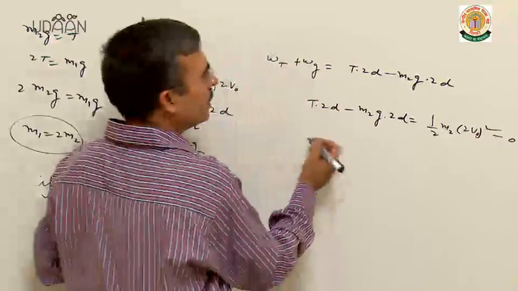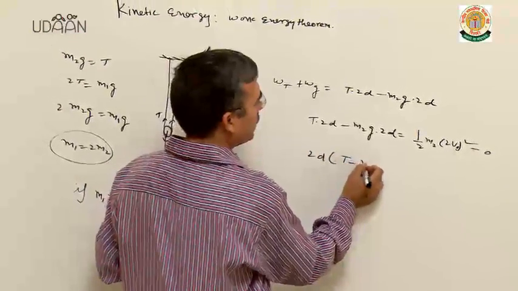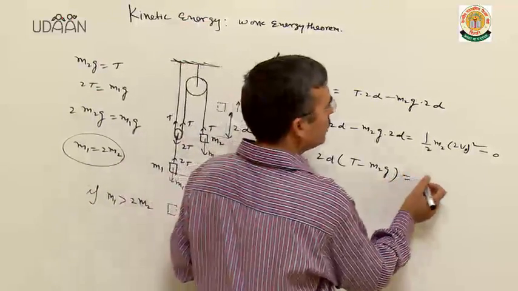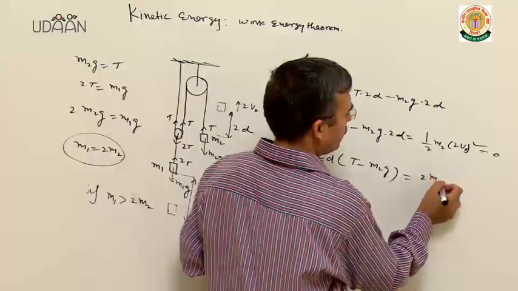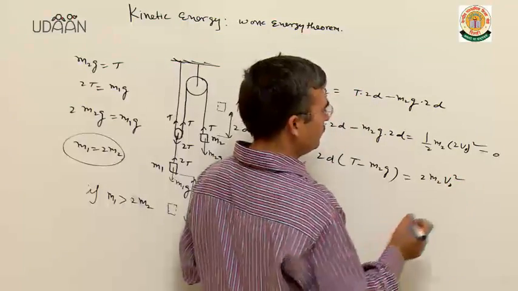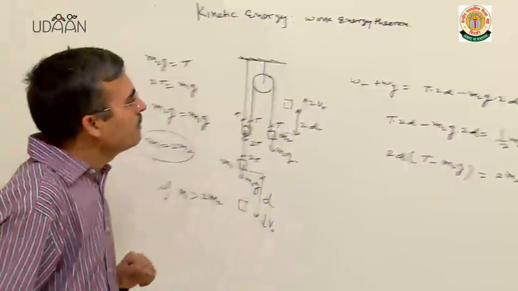Clear? So you can write it 2d t minus m2g, this is equal to 2m2 into v0 square. Let this be equation number 1.